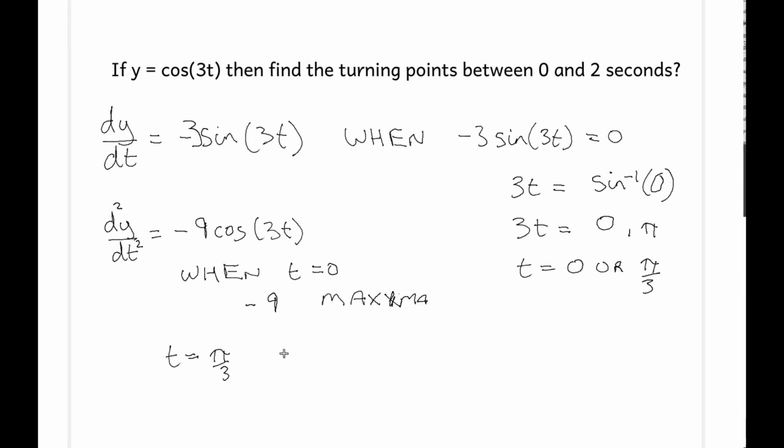So I'm going to get a negative 1, so that's going to be plus 9. Therefore, a minima. Okay, right, so that's my evidence there.